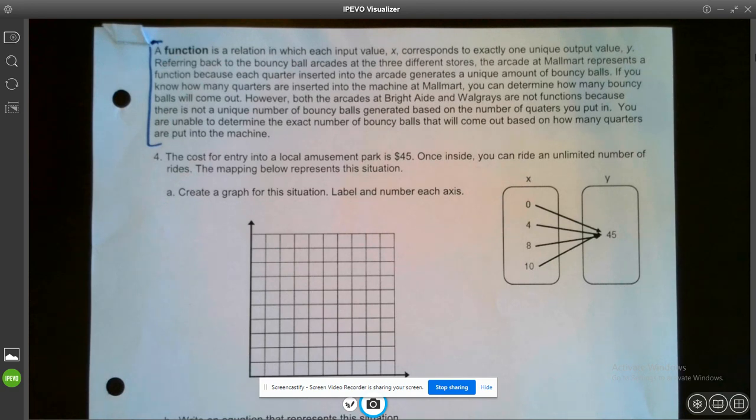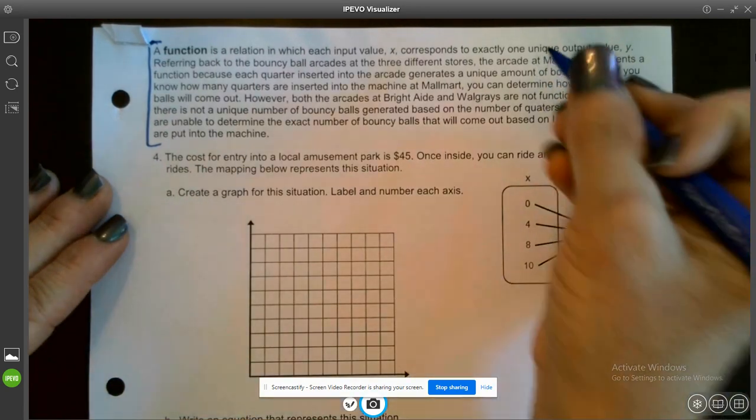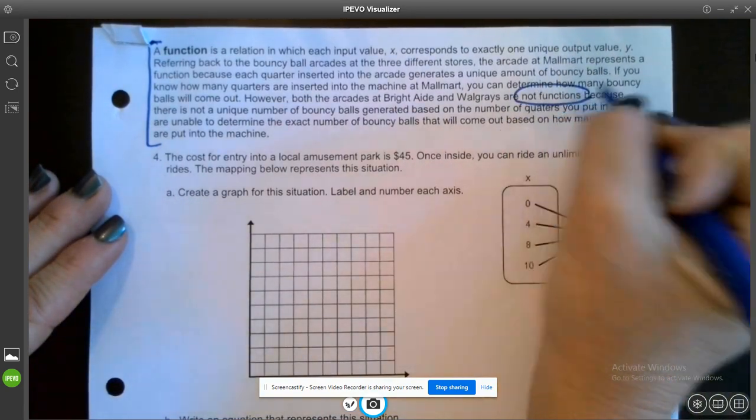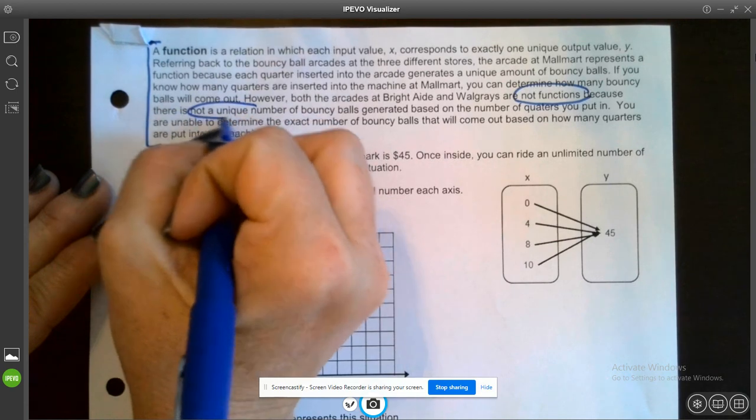All righty. So you are back. You read the top little blurb where it says function. That actually tells you the different scenarios that we had. And what are some keywords that hopefully came out of that? Let's look at it. They talked about why they're not functions, and it says not a function. Why? Because there is not a unique number.